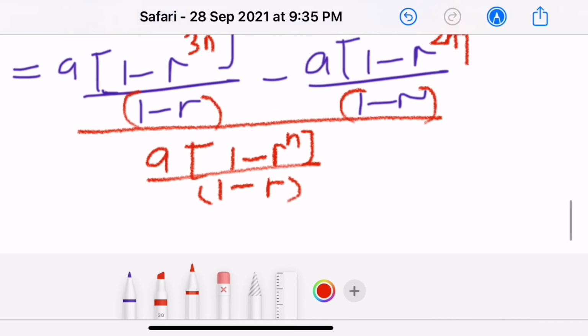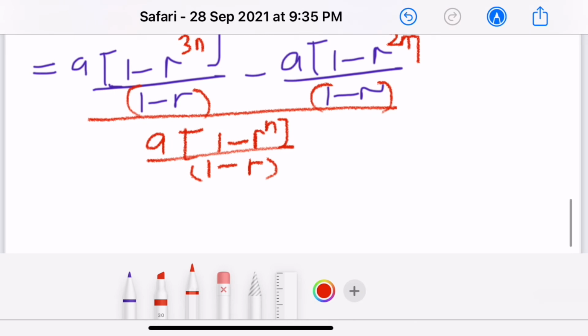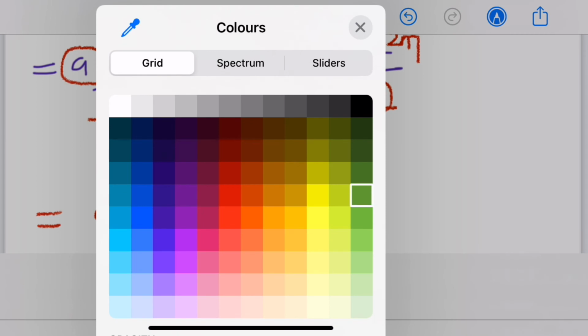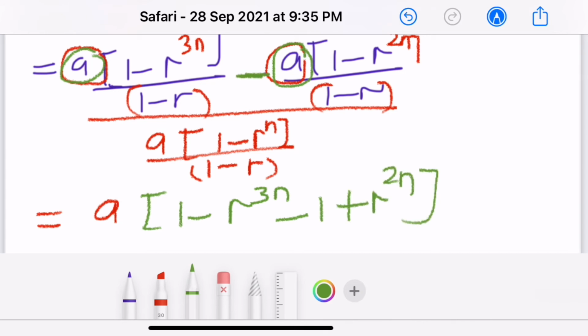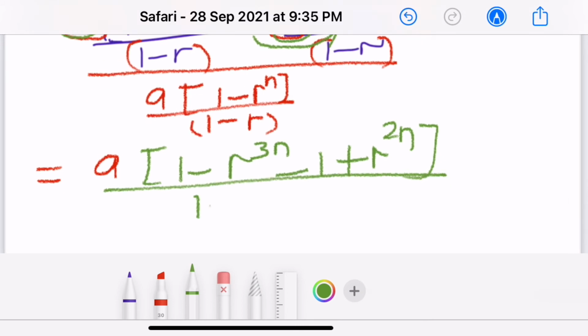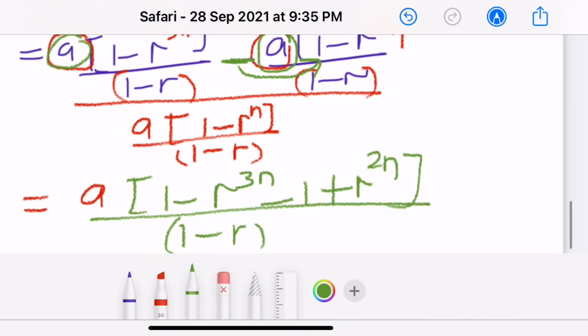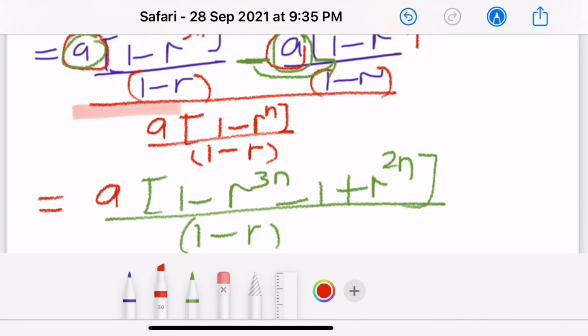Now we can simplify further. We can say a is a common factor, so we factorize it and take out this a. Actually we can join them. It becomes r^3n minus 1 plus r^2n. Be careful, this is minus. So we factorize a, and this 1 minus r is the denominator. We can join them.